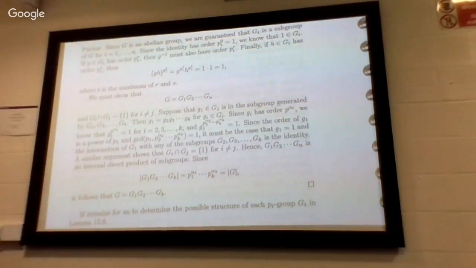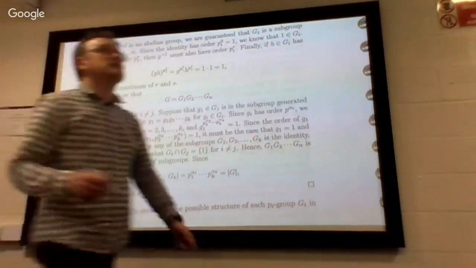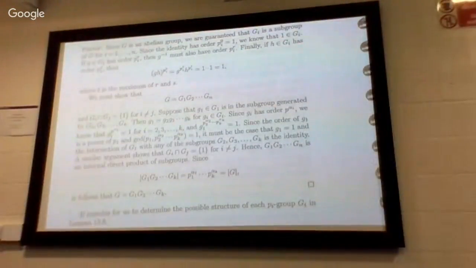You have to be thinking quite carefully about how powers of things are behaving. So g to the p_i to the r is equal to the identity element.